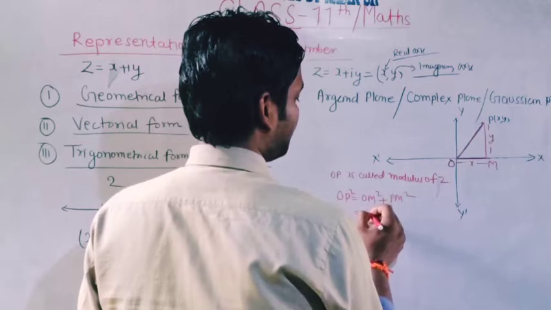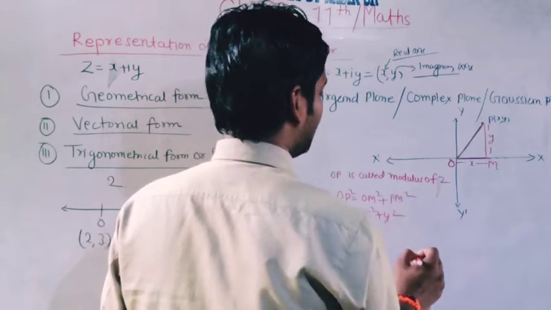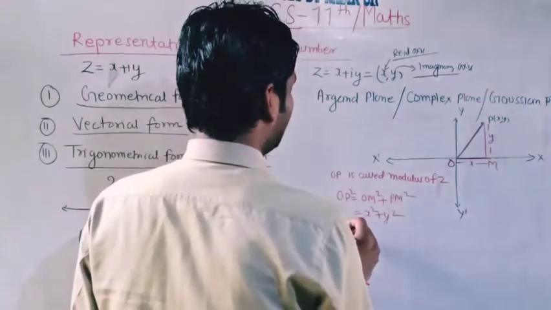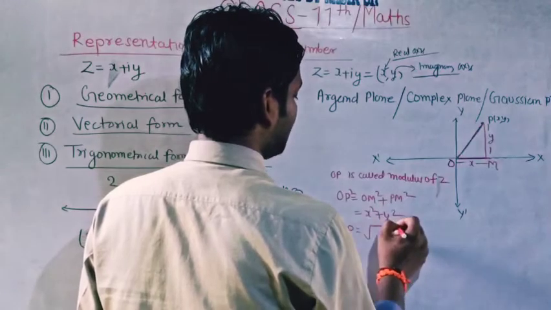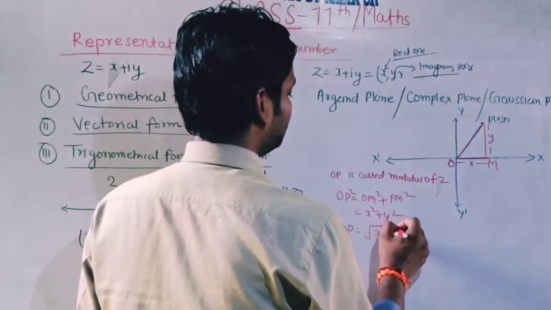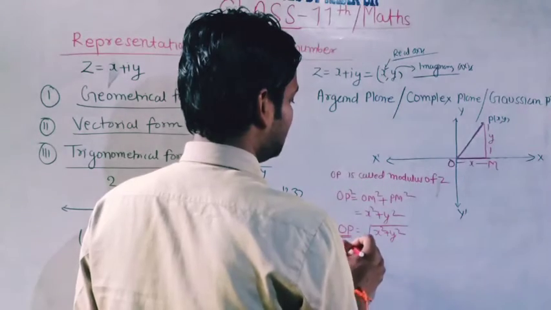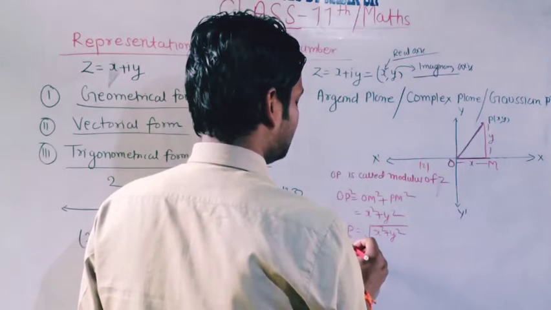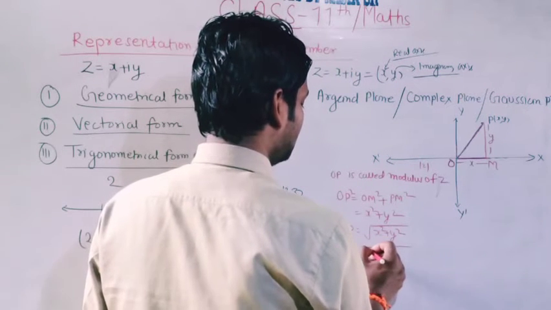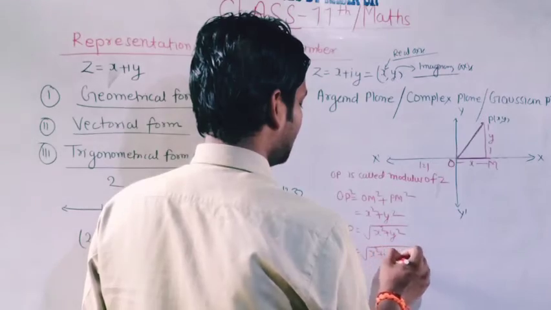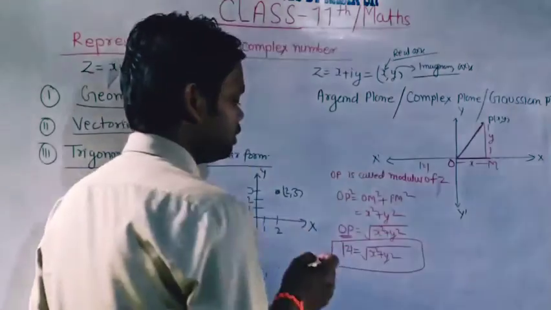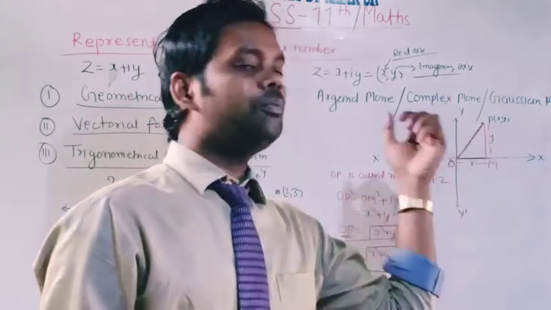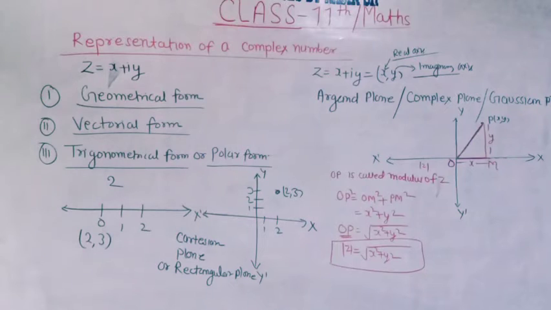So this is x square plus y square. The OP equals square root of x square plus y square, and the modulus of z is denoted by mod z. So mod z equals square root of x square plus y square. Okay, this is the modulus of z, which means the length OP is called the modulus of z.